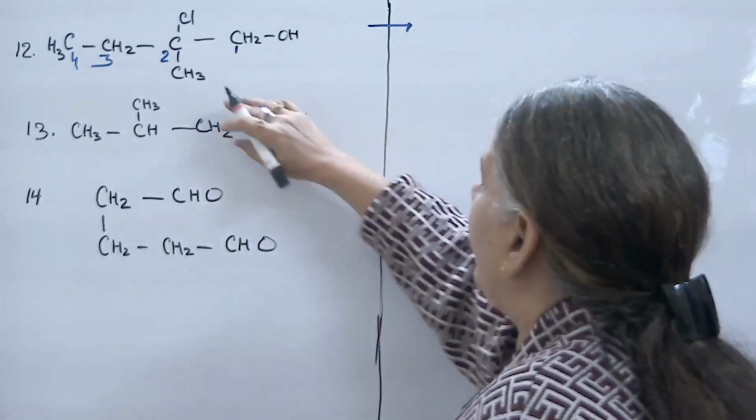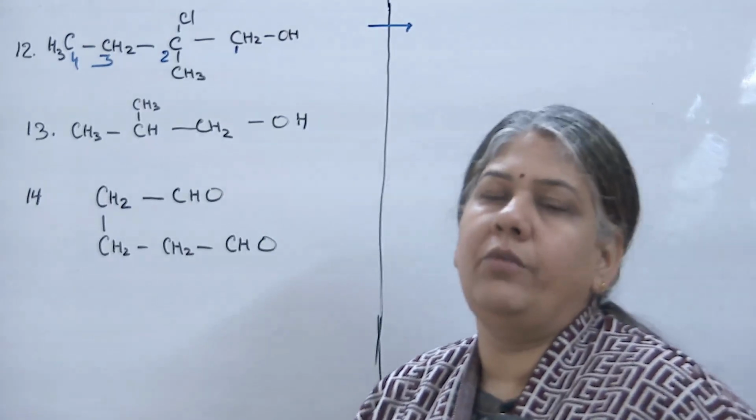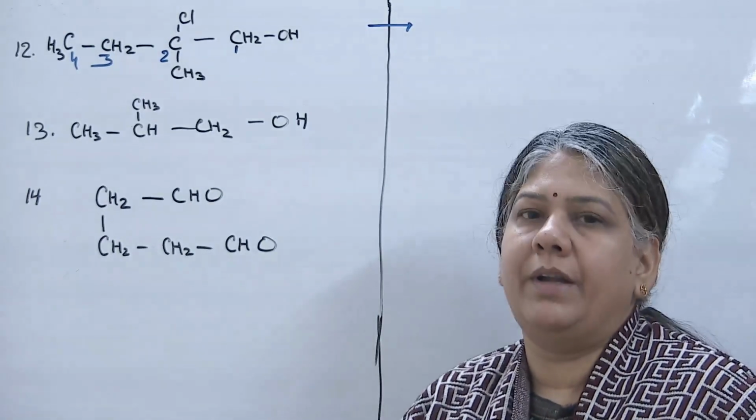Okay, so the name, अब इन दोनों में से पहले नेम किसका आएगा, 2 chloro और 2 methyl. Obviously now follow the alphabetical rule.